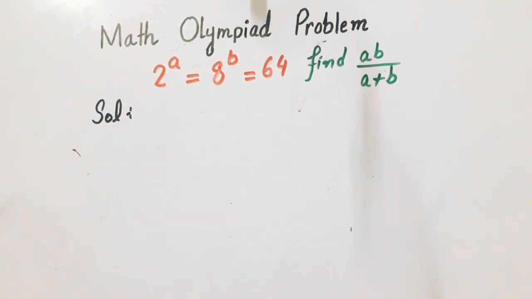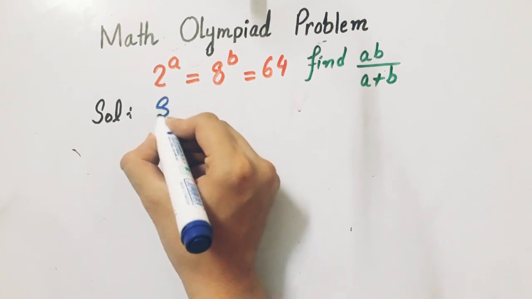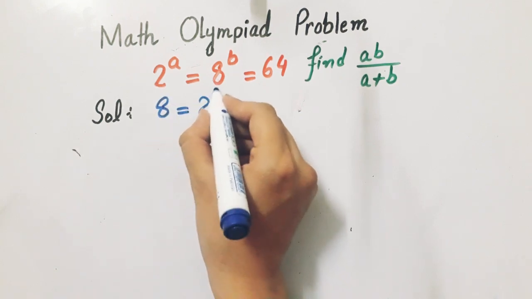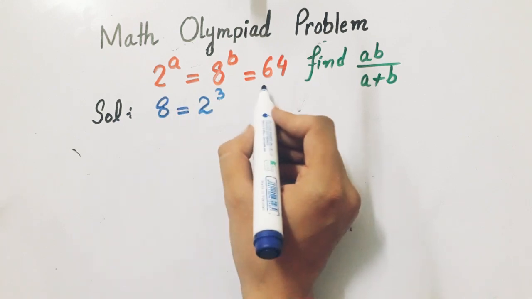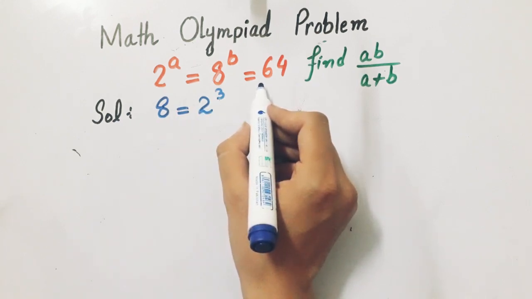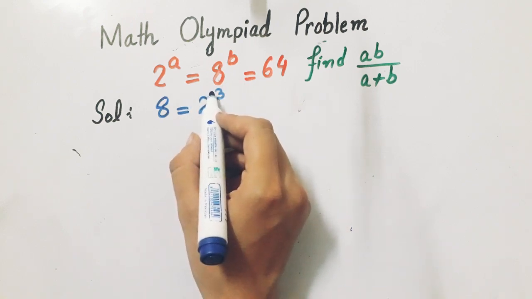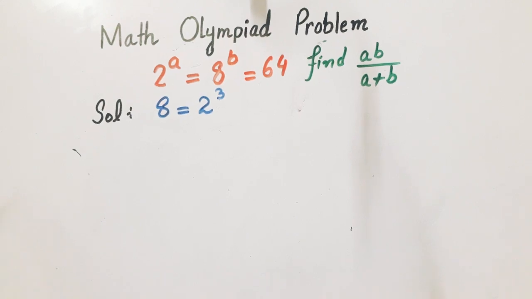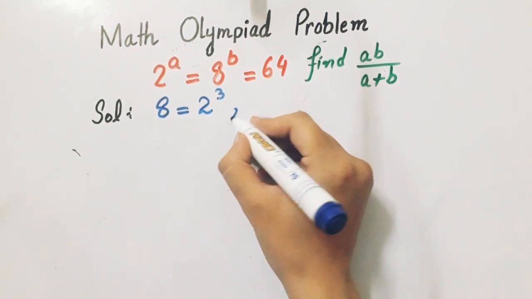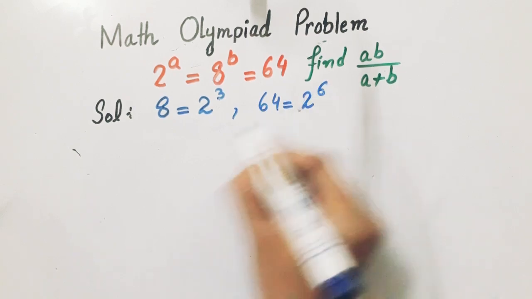First of all, consider that 8 is equal to 2 raised to power 3, and 64 is equal to 2 raised to power 6.